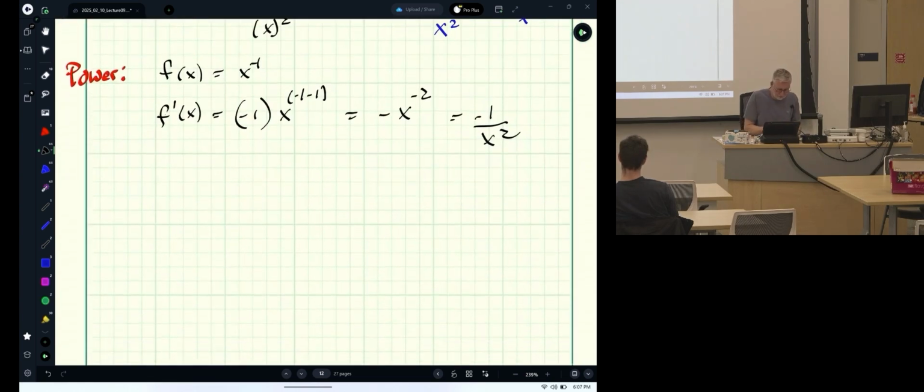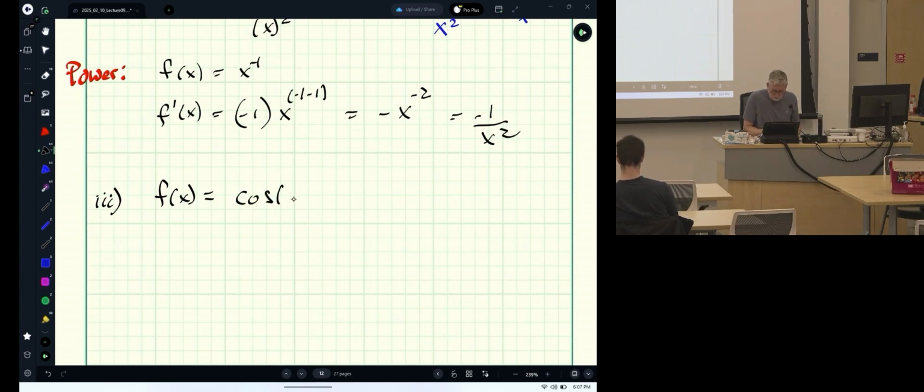Okay, let's just do a few more, and then we're going to maybe do one just for fun. What if we have f of x equals cosine of e to the x squared plus 1?